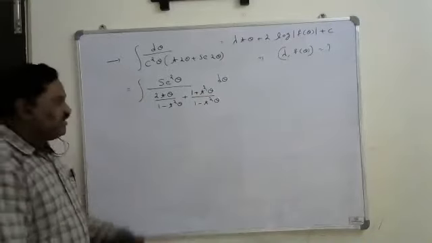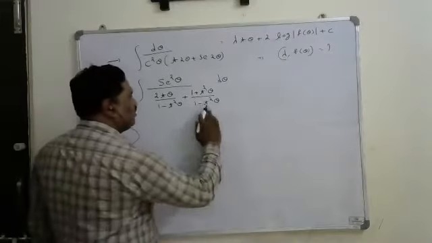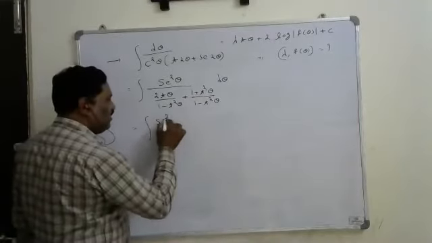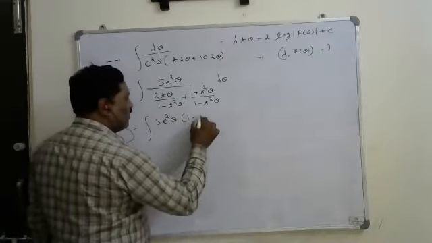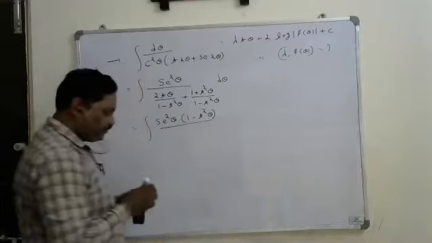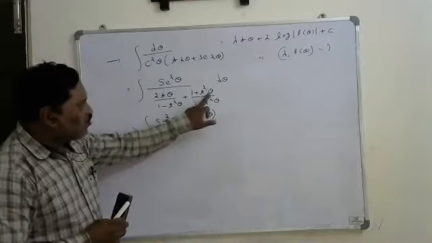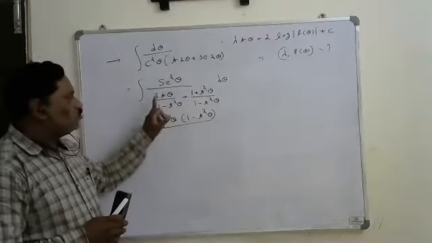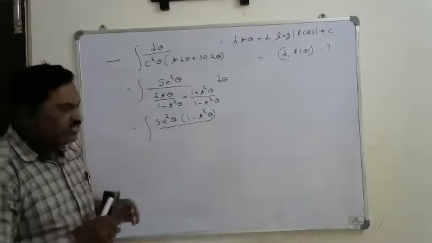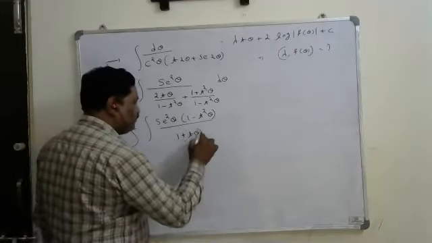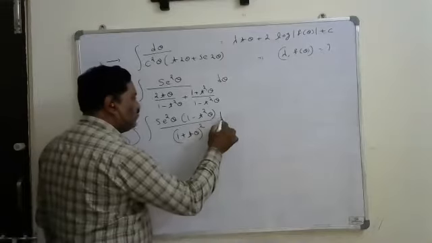So like that, we express everything completely in terms of tan theta. Now we take the LCM, where the LCM is 1 minus tan square theta, which goes to the numerator. So it is the integral of secant square theta into 1 minus tan square theta upon, observe the denominator, tan square theta plus 2 tan theta plus 1. That we can write as (1 plus tan theta) whole square d theta.